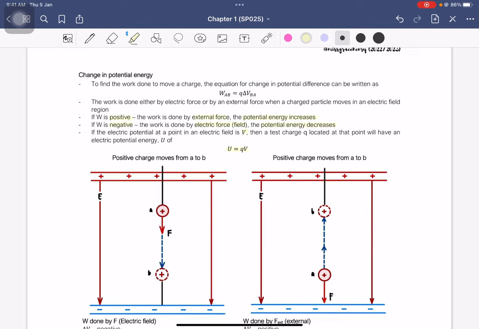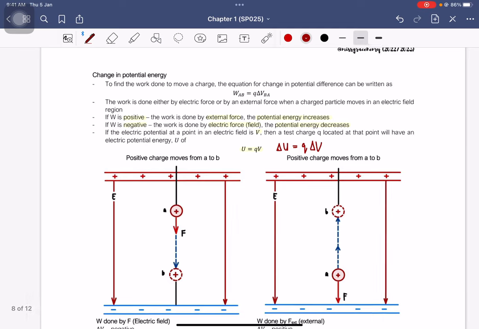Oh, sorry, change in potential energy. I think I'm gonna add that because they mean the change, not just potential energy. I'm just gonna edit that later in our notes. But basically the equation is supposed to be that way.